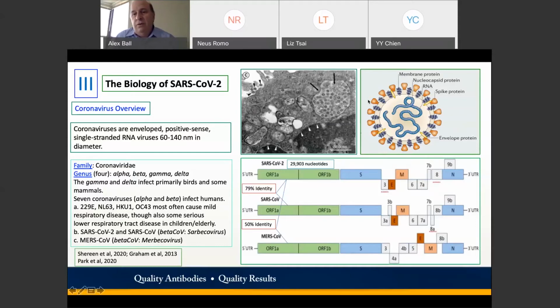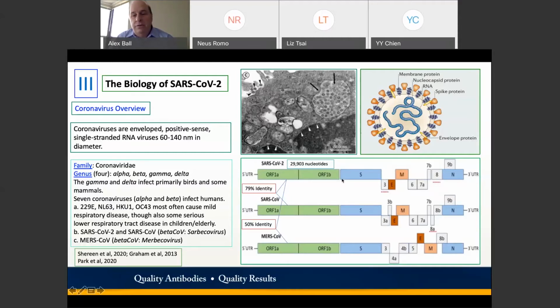I think many of you are familiar with the general schematic of what a coronavirus looks like. So you have the single-stranded positive-sense RNA genome embraced by nucleocapsid protein, and in addition to that, there are 3 other structural proteins. There's the membrane protein, an envelope protein, and I think we all are very familiar with the spike protein. The SARS-CoV genome is almost 30 kilobases in length.